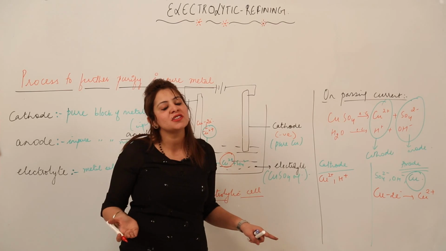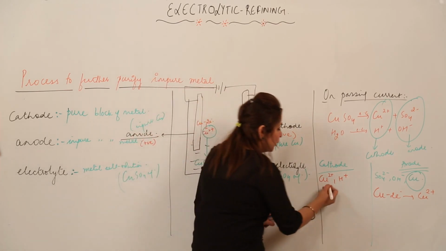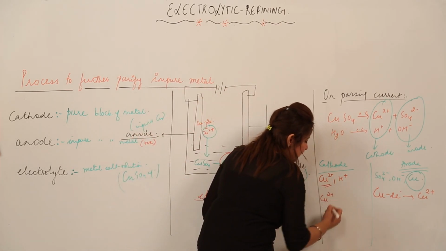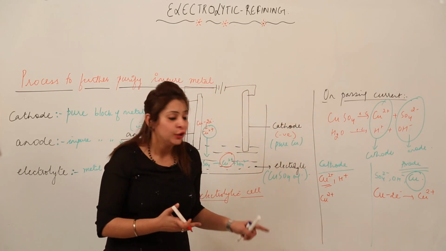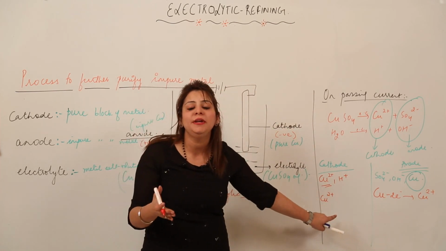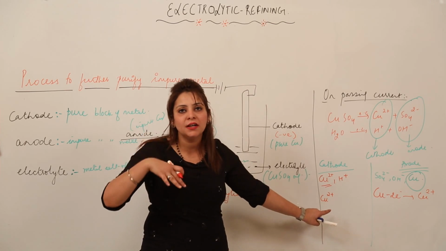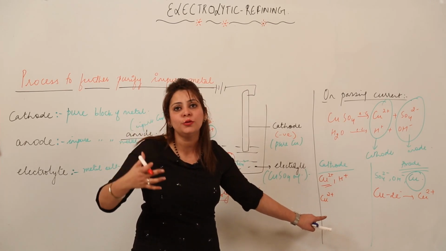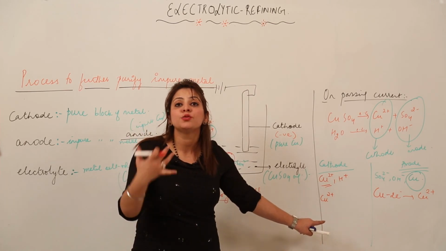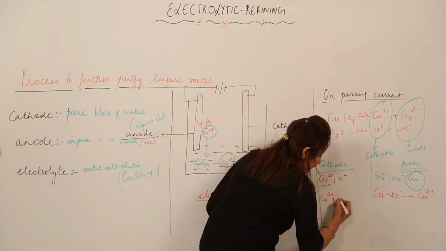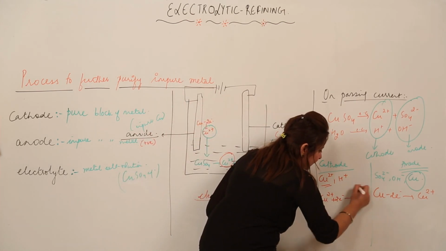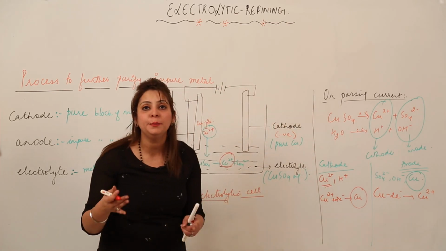So obviously it is going to discharge and show a chemical change. So this Cu2+, what kind of chemical change can it do? You can see that it has 2 positive charges, that means it has already lost 2 electrons. So it will just acquire its 2 electrons back. So it is just taking 2 electrons back and turning into the pure copper metal.